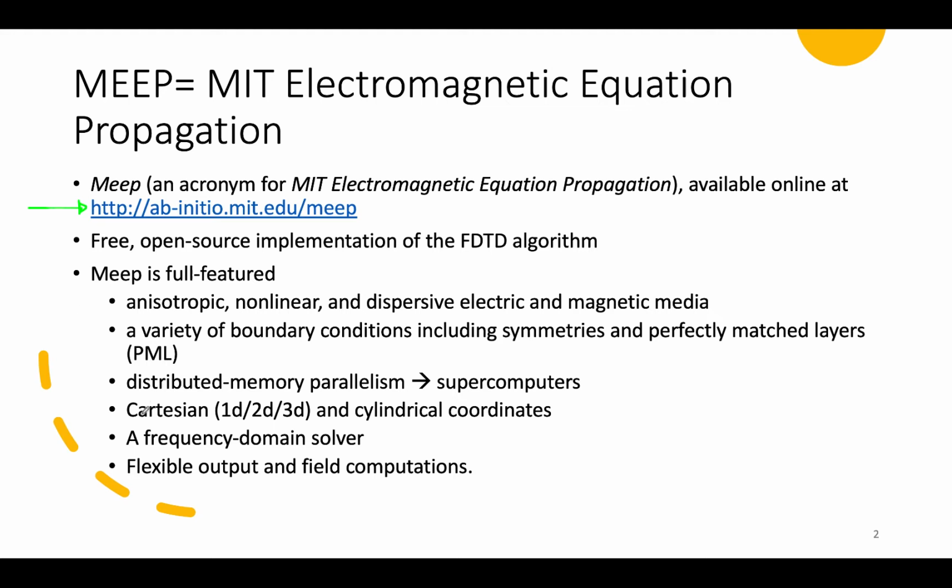It provides support for both Cartesian and cylindrical coordinates in 1D, 2D, and 3-dimensional geometries. Together with the calculation in the time domain, it also provides a frequency domain solver. And of course, Meep provides a set of different routines for pre-processing and post-processing of the field computation.